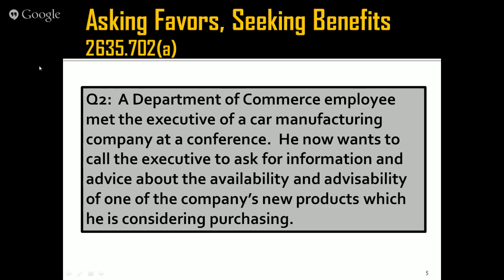Having perhaps briefly met this individual, the employee is now presuming a level of familiarity, number one, under the guise of this official authority, because it's through that mechanism that he met this executive. And so under the color of that authority he is now presuming a level of familiarity and is asking for information that this executive may or may not typically give out to anybody.